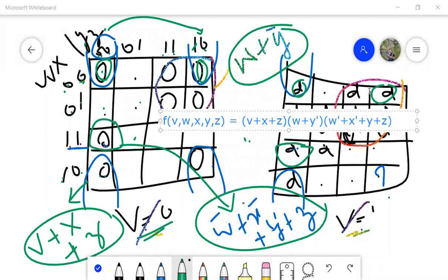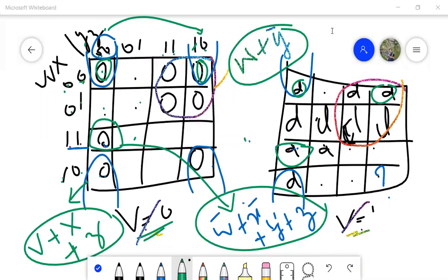Now in the same question, if they give you the max term question and they tell you to obtain the expression in min term format, what will you do? You have to write ones over here.